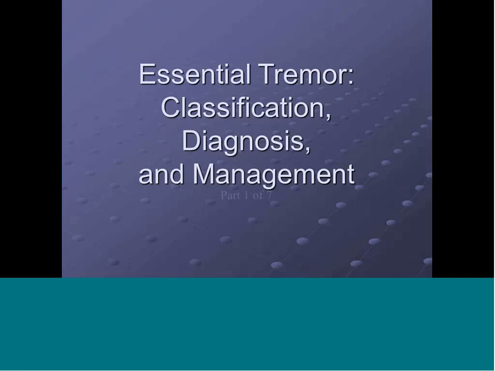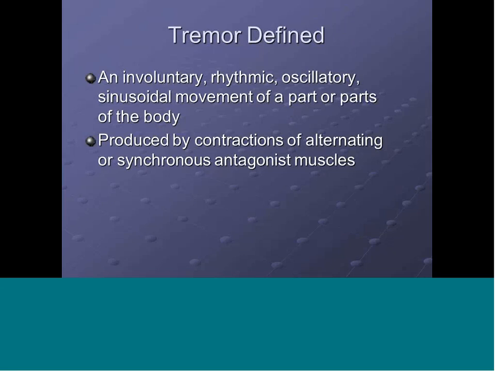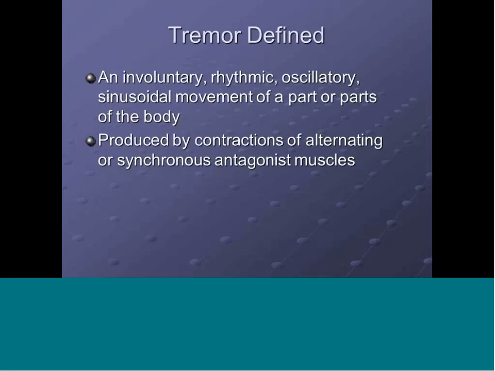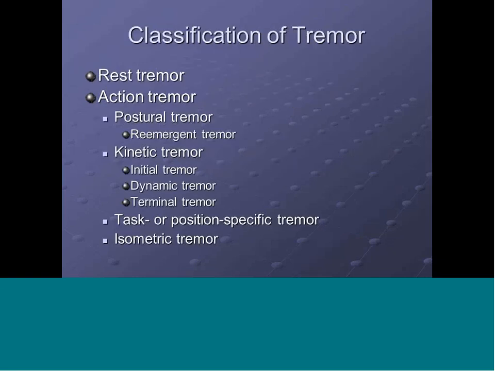Next very common movement disorder is essential tremor. These are basically involuntary, rhythmic, oscillatory movements of one or more parts of the body, produced by alternating or synchronous antagonist muscles.